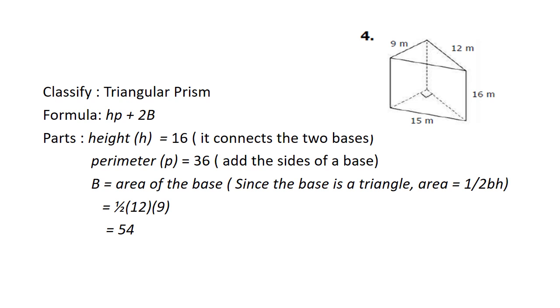And then we said the bases are triangles. So if I need to find the area for a triangle, that is 1/2 base times height. In this particular triangle, the base and height are 9 and 12. So I'm going to do 1/2 times 12 times 9 and get 54 for my big B, or for the area of a triangle.